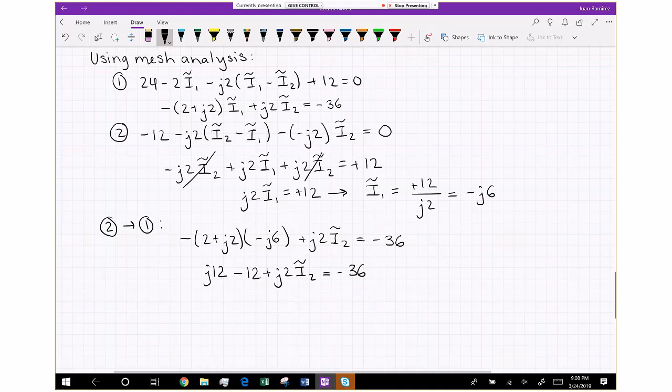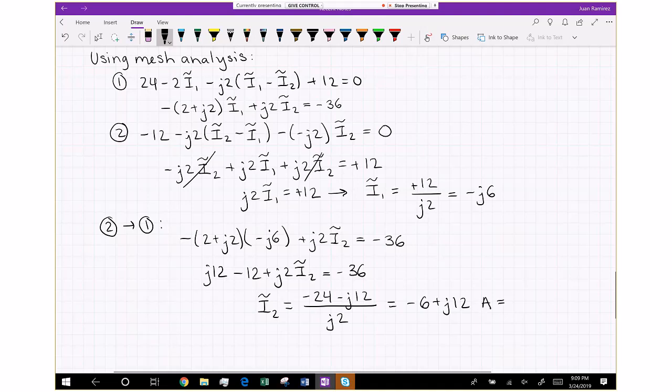Move the J12 minus 12 to the right and divide by J2. And you get negative 24 minus J12 all over J2. That is negative 6 plus J12. And that's in amps.